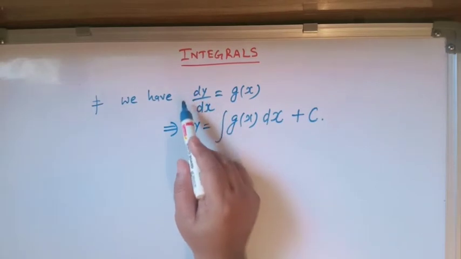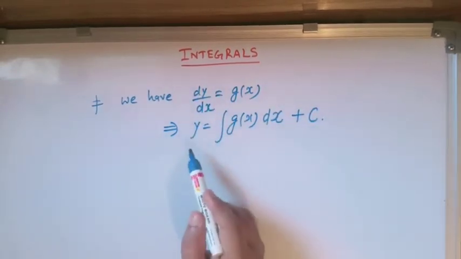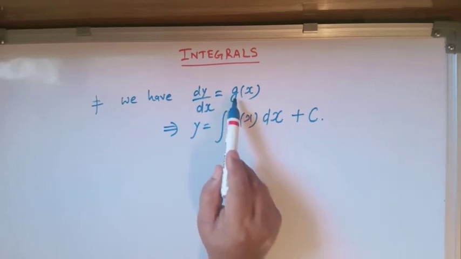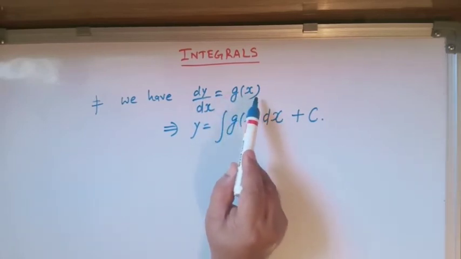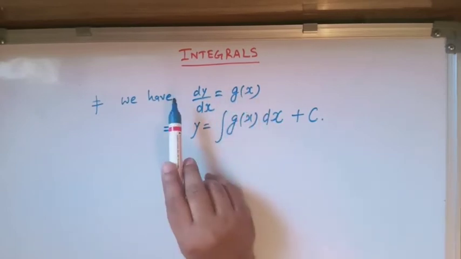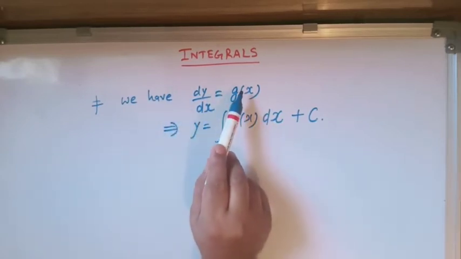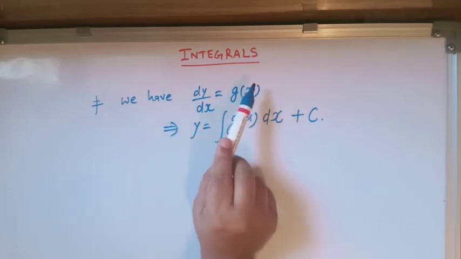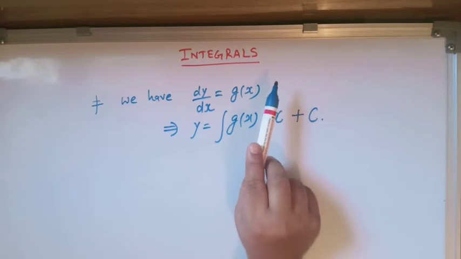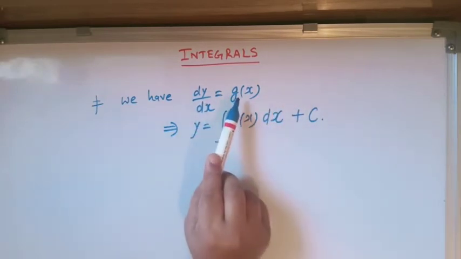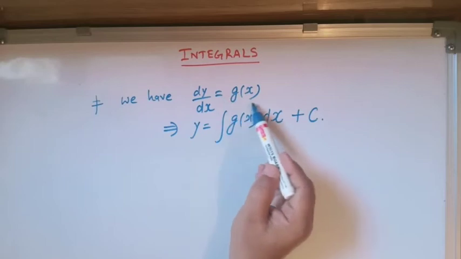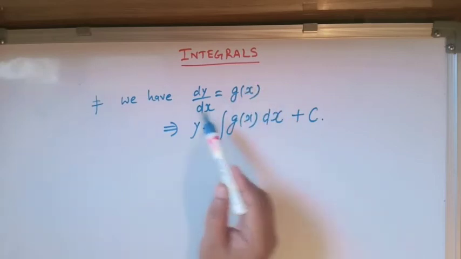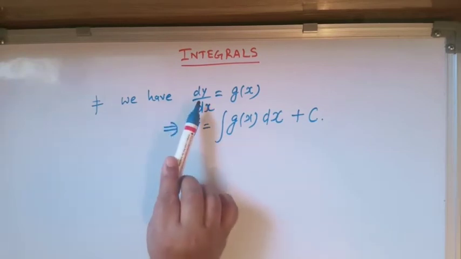So we have to remember this concept also, because the derivative of y with respect to x is some function, and the function is g of x. So by making use of the definition of integration, which is the inverse process of differentiation, if we integrate g of x with respect to x, then we get y. Clear?